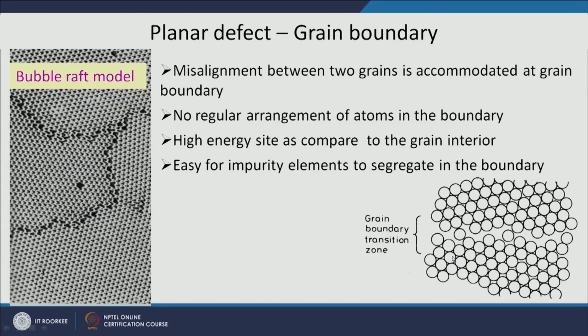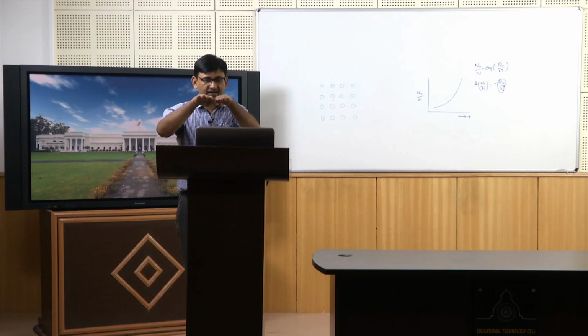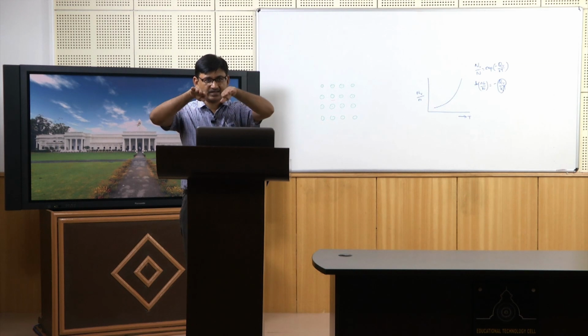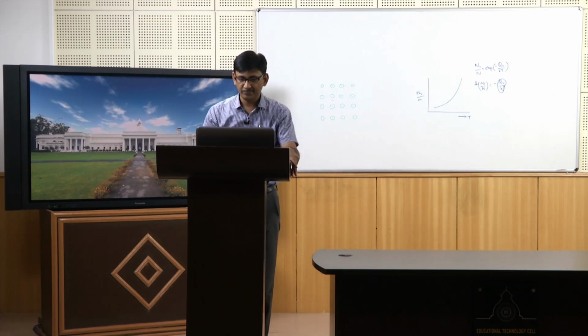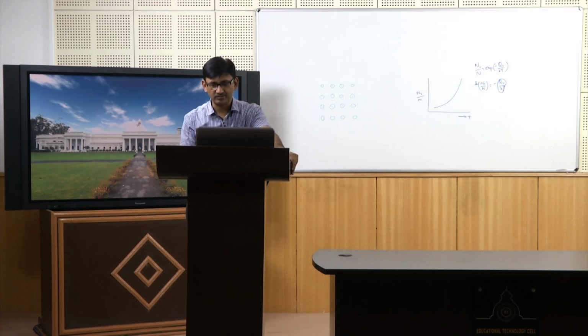In another grain also you can see a very nice atomic arrangement, but where these two arrangements meet, because their alignments are different, I have to have some kind of area where the misalignment can be accommodated and then the new alignment will start, and that is what is called a boundary.